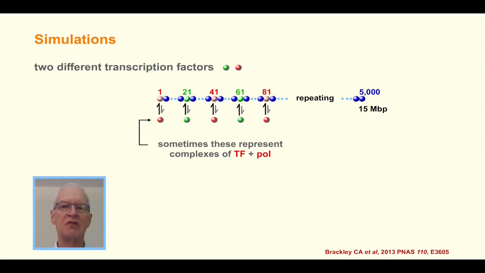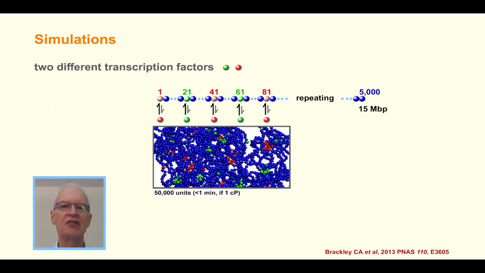Now, sometimes these particular spheres are going to represent a factor with a polymerase. And when, for example, this one binds, we will say that that particular bead will be transcribed. And this is what the final frame in a simulation might look like.